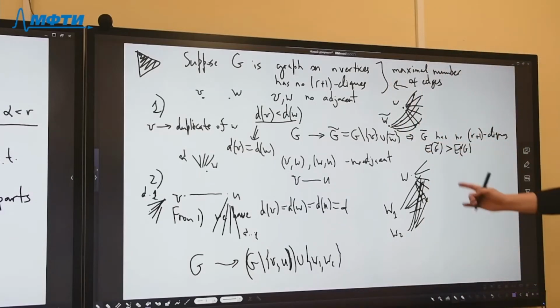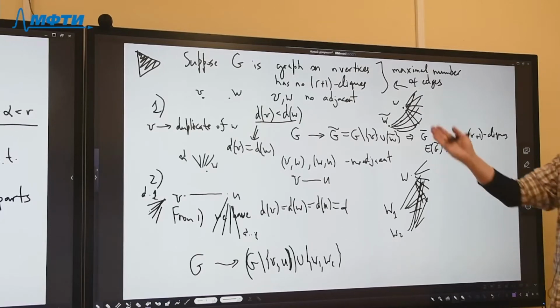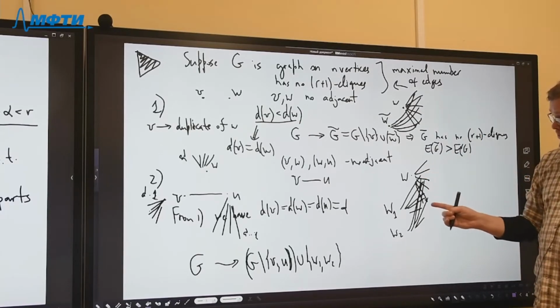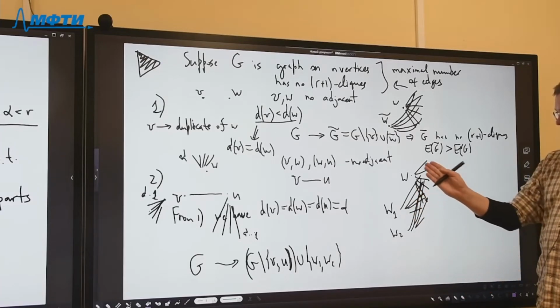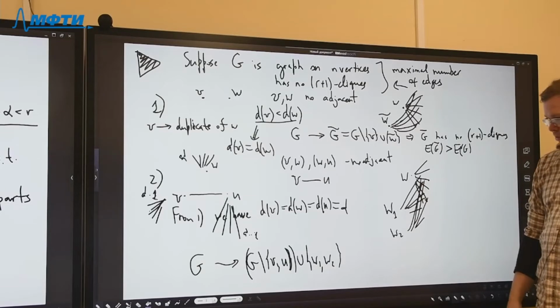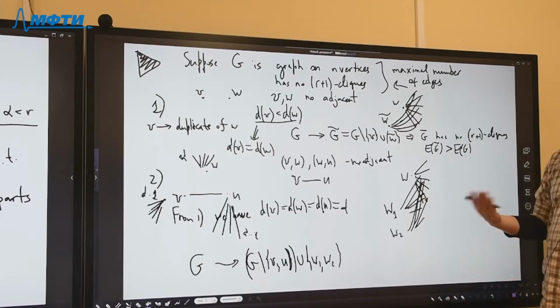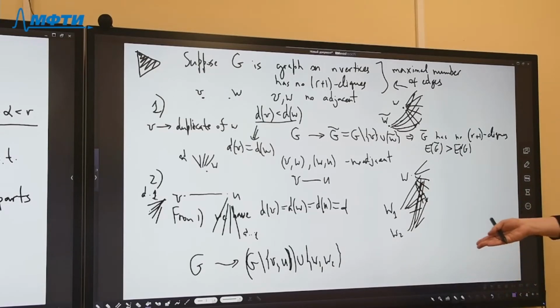What happens? This new graph has no r+1 cliques because, as in the previous case, if it had an r+1 clique containing, for example, W1, then of course we would have a similar clique containing W. And the number of edges now can only increase.